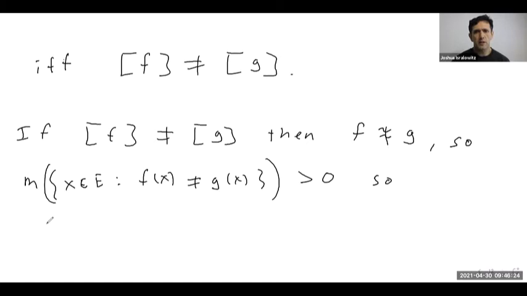So obviously, there exist uncountably many x where f of x is not equal to g of x. In particular, if there's uncountably many, then there's one of them. So there certainly exists x0 where the two are not the same.